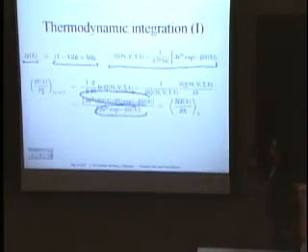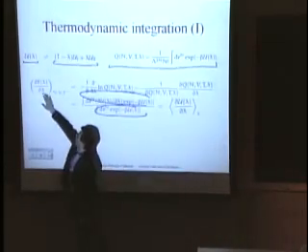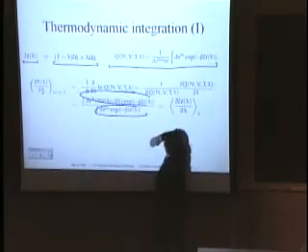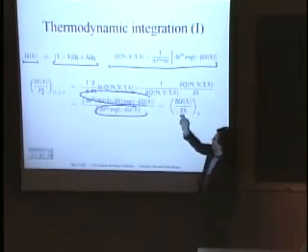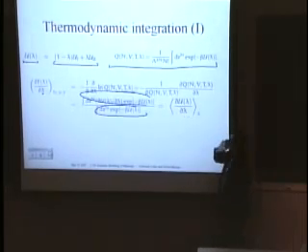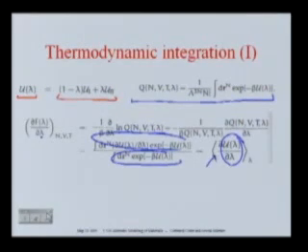So in order to calculate the derivative of the free energy with respect to lambda, you need to calculate the thermodynamical average in your ensemble of the derivative of the energy with respect to lambda. This is a quantity that you can always calculate, and this is just an average over your ensemble.